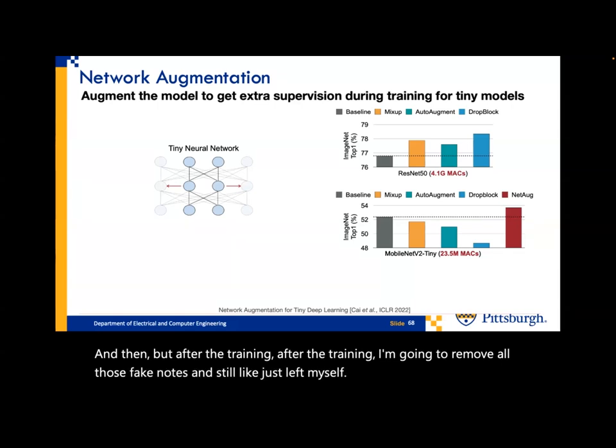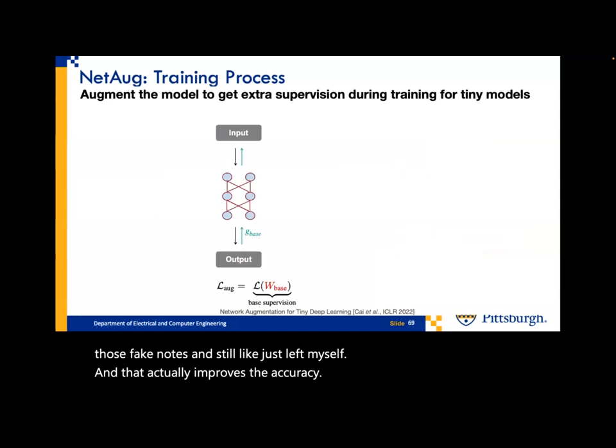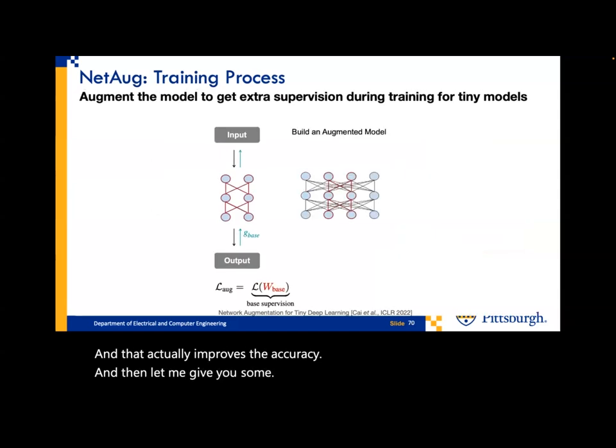And that actually improves the accuracy. Let me give you a little bit more, and then I'm going to explain why this works. So for this base, I'm going to build an augmented model.